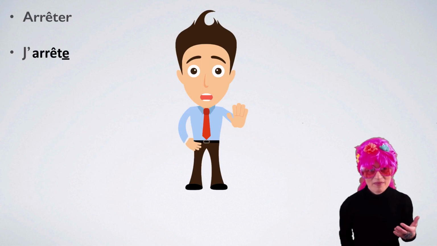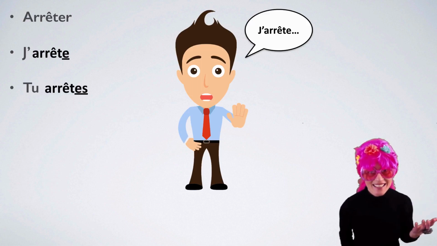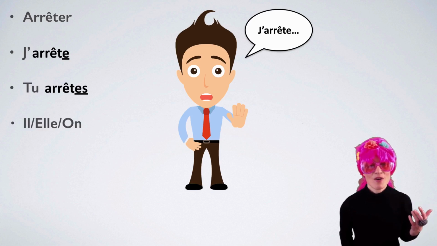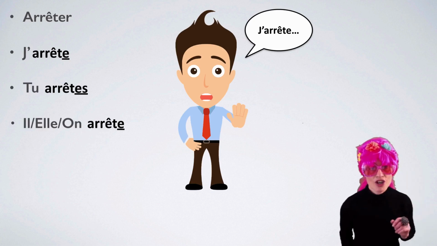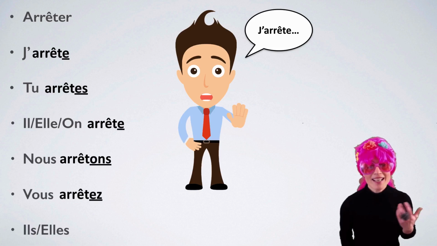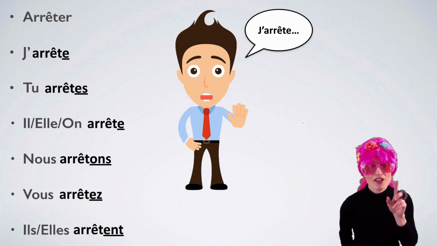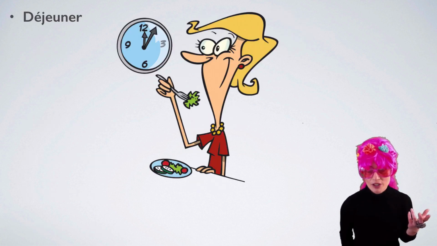Arrêter. J'arrête, just an E. Tu arrêtes, ES. Il, elle, on arrête, just like the je. Nous arrêtons, vous arrêtez, ils, elles arrêtent. You have the silent ENT. Déjeuner, to have lunch.